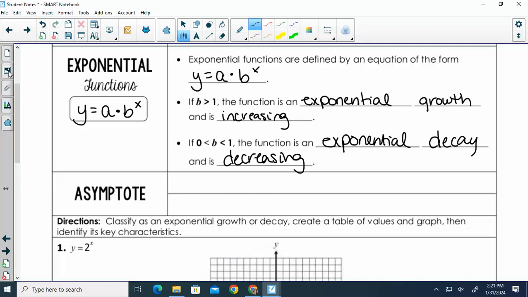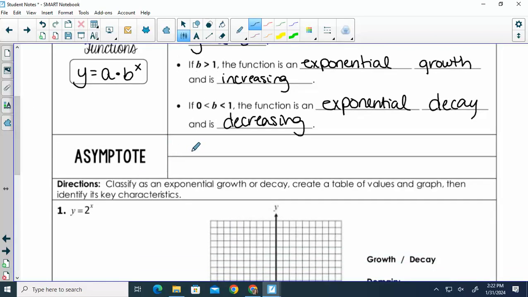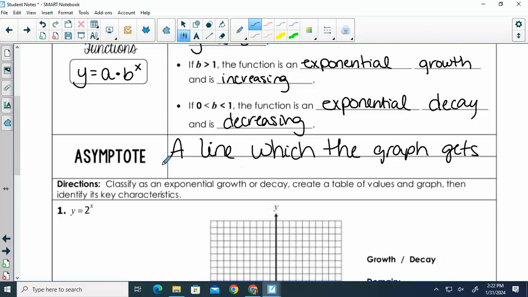We are going to see something when we graph these that's called an asymptote. So an asymptote is a line which the graph gets close to, but doesn't touch.